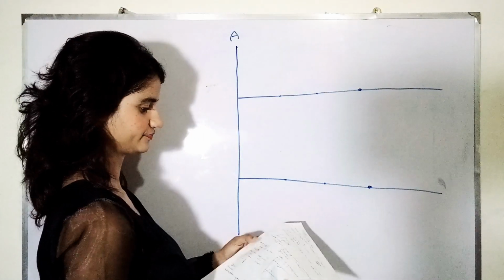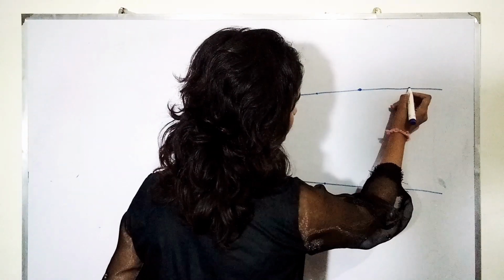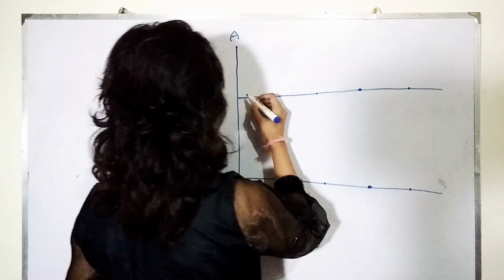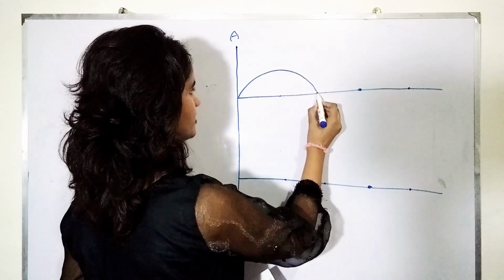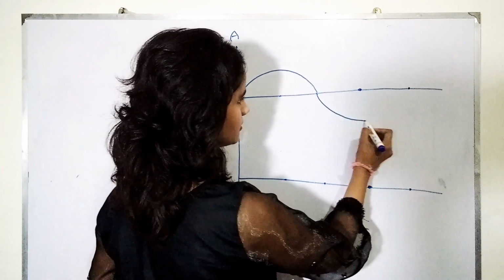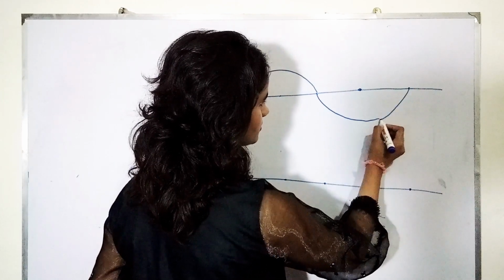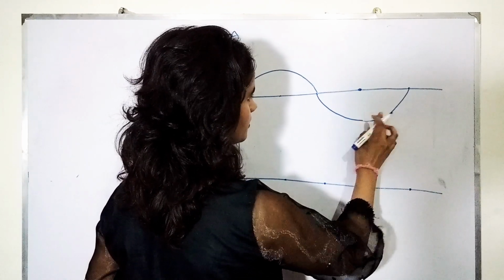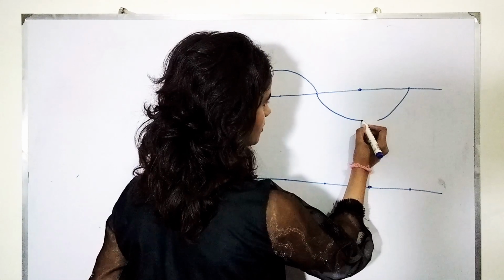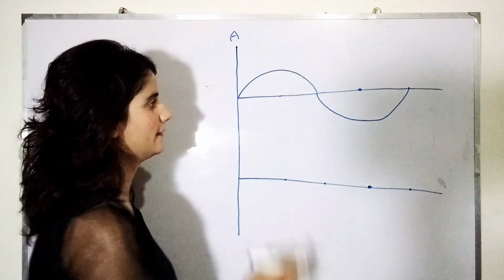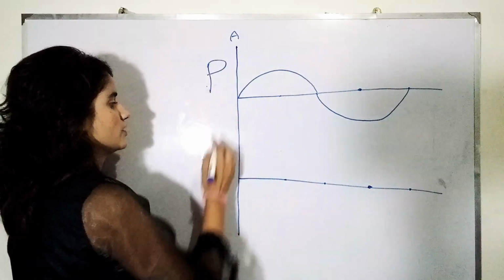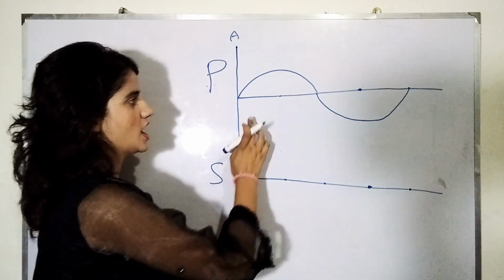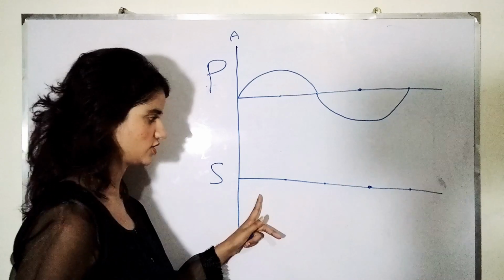Now, E point. Here you can see that the wave is passing this way. This is the primary coil. What will happen in the secondary coil? How would the EMF be produced in the secondary coil?